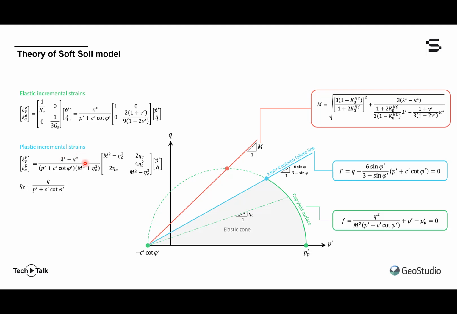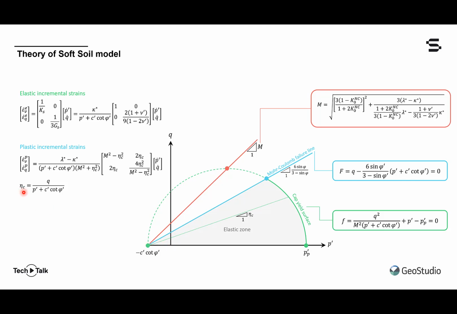We also now require a stress ratio, eta, which has this subscript C on here, and you can see that as opposed to being Q over P, we have to include c cotan phi, which is this offset distance in QP space.